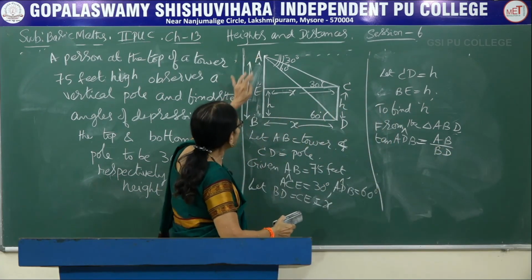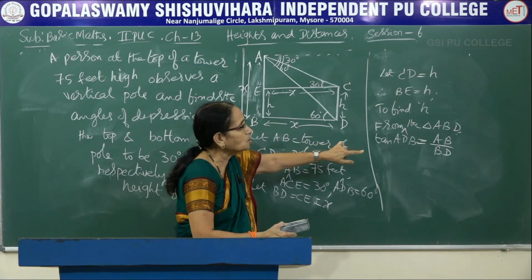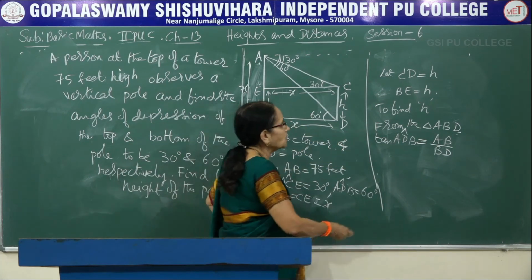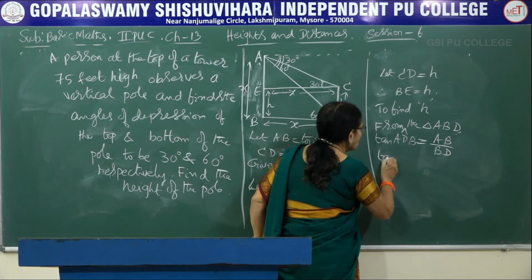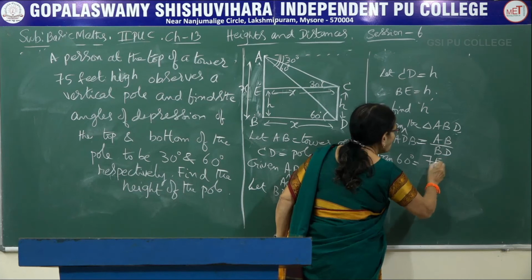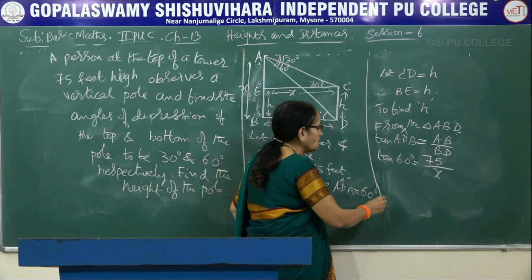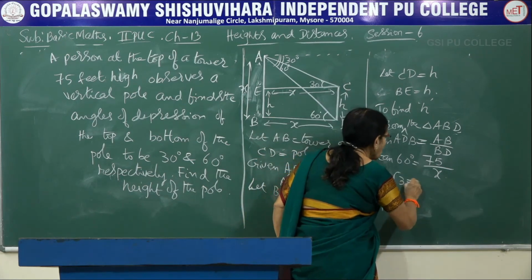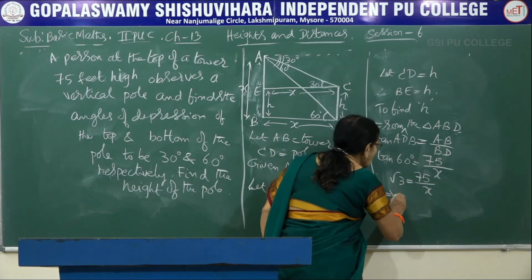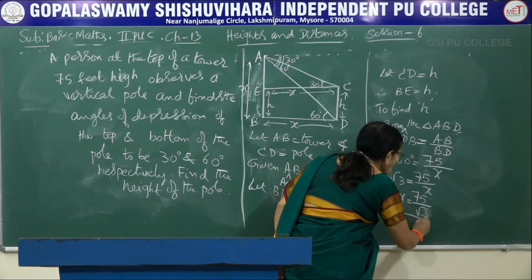Now here AB has been given as 75 and BD has been denoted as X, and angle ADB is given to be 60. That is tan of 60 degrees equal to 75 divided by X. But what is tan 60? That is root 3 equal to 75 by X. That implies that X is equal to 75 divided by root of 3.